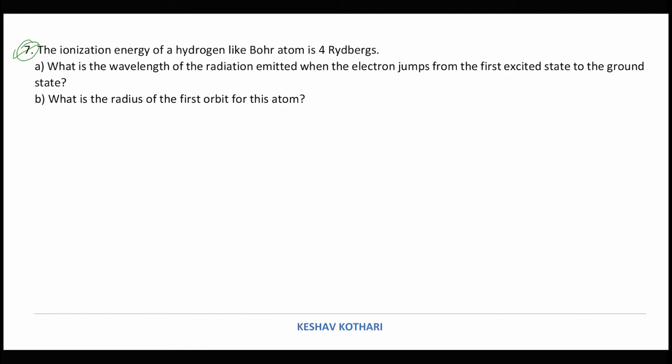The energy of the electron in the hydrogen-like atom in the nth orbit is given by the expression En is equal to minus Z square RHc upon n square. And from here we can say that RHc is regarded as equal to 1 Rydberg.